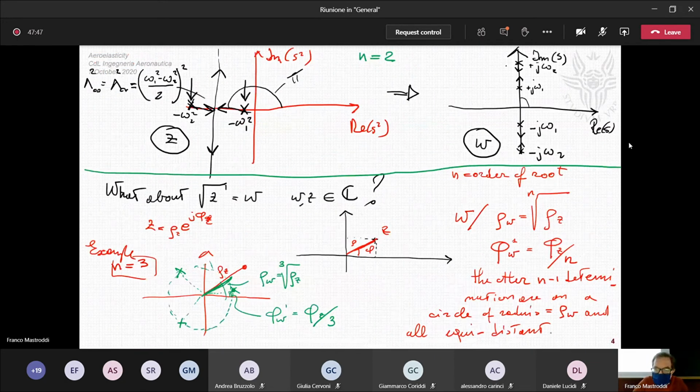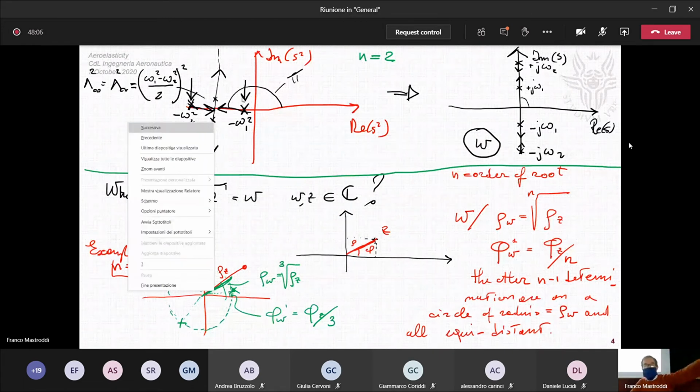And therefore an imaginary part means that this part here becomes imaginary in the S squared plane. Pay attention. So you have this imaginary part on the S squared plane.